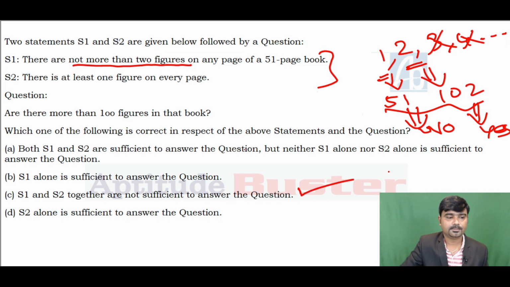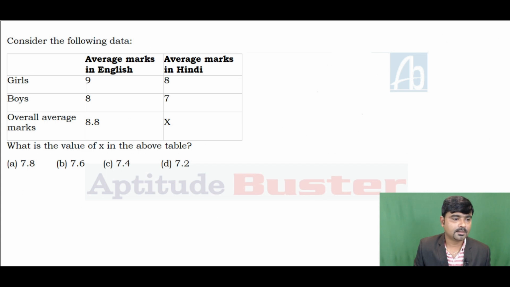choice C. In this given, average marks in English, average marks in Hindi. The girls' average in English is 9, boys' average in English is 8, the overall average in English is 8.8. Here we do not know the number of boys and number of girls in this case. Here average marks in Hindi, it's given for girls 8, for boys it's given 7.